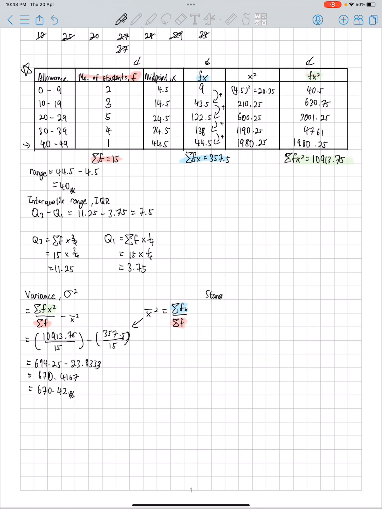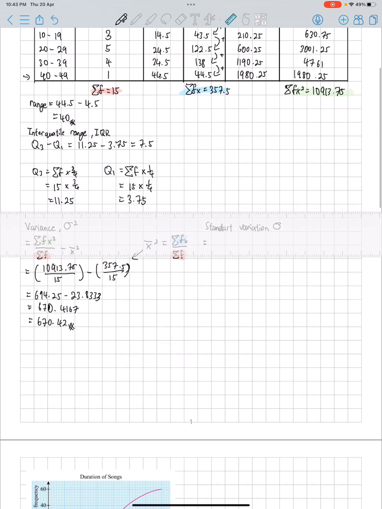So next is standard deviation. So the standard deviation symbol is actually this, the same as variance, but it doesn't have the square. So the formula for standard deviation is square root, a bit chart.